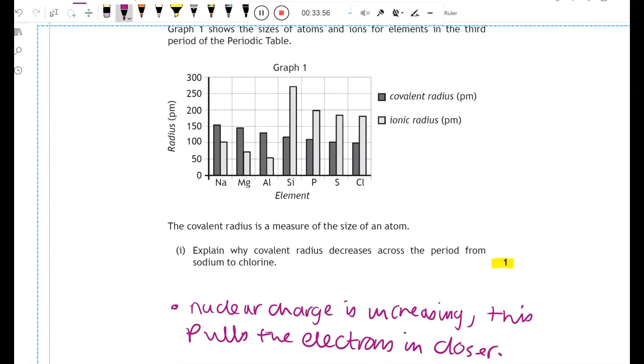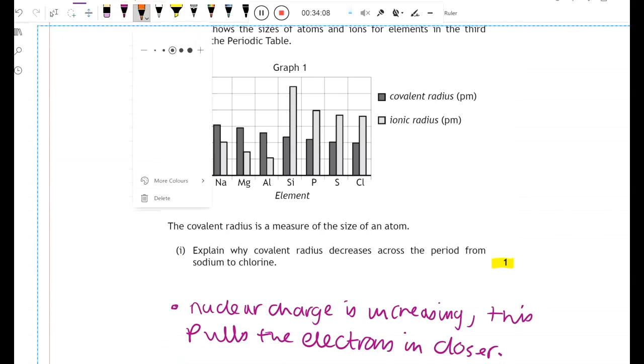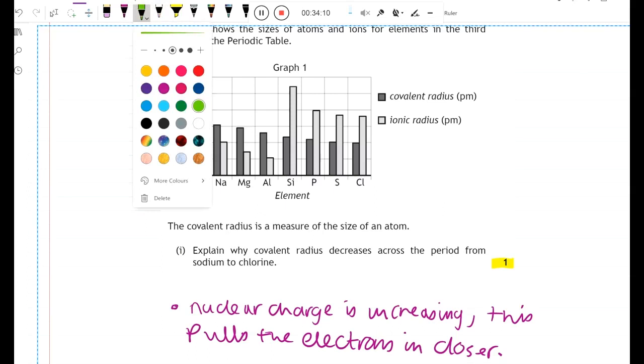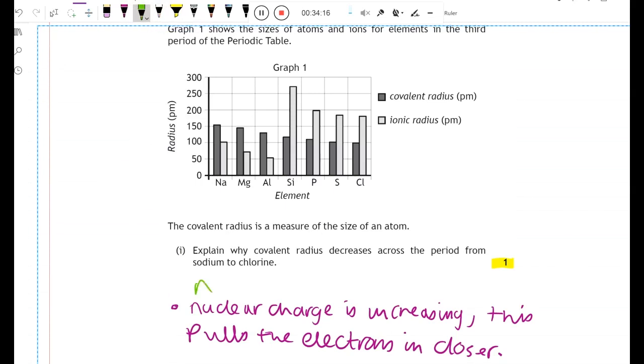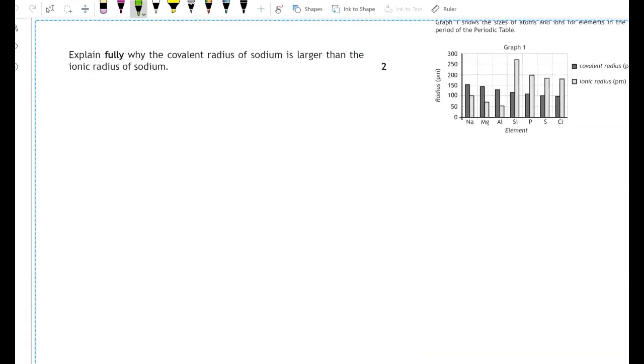Okay, now in terms of marking, the SQA would accept just the nuclear charge is increasing. They would also accept, in place of nuclear charge, number of protons is increasing. Okay?